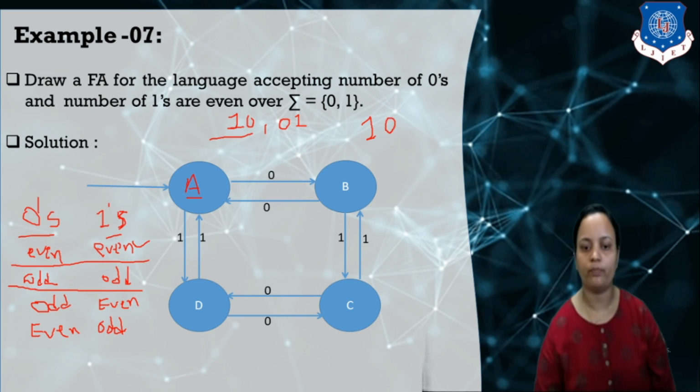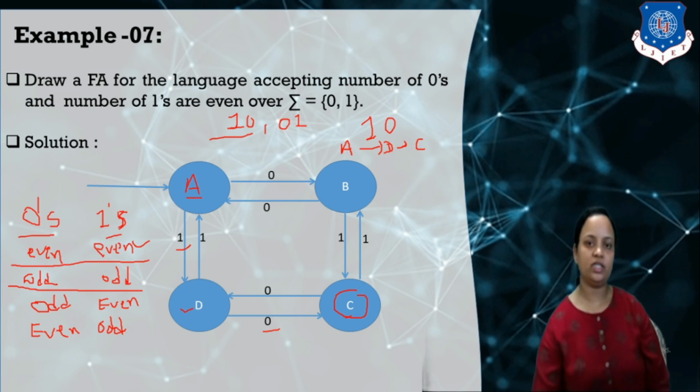A on 1, see the DFA, moves to the D state, and D on 0 moves to the C state. So we have reached the C state. It means that we have to consider C as our accepting state for the number of zeros and ones being odd.